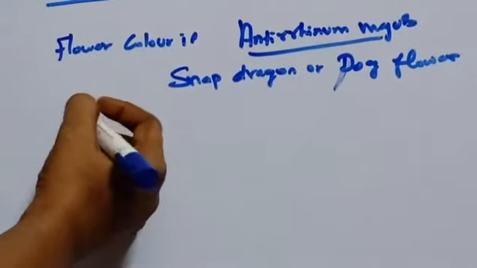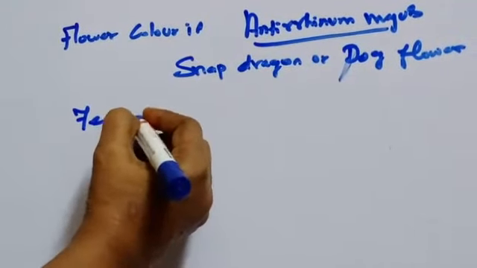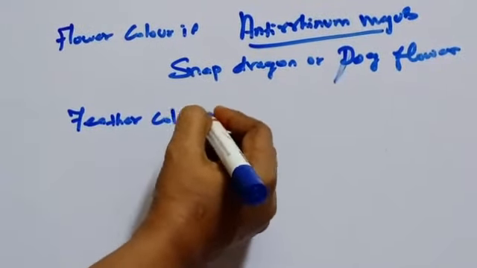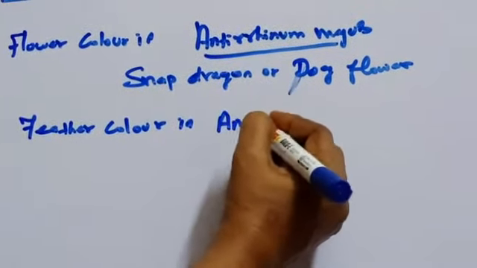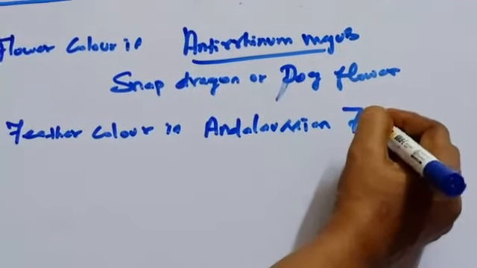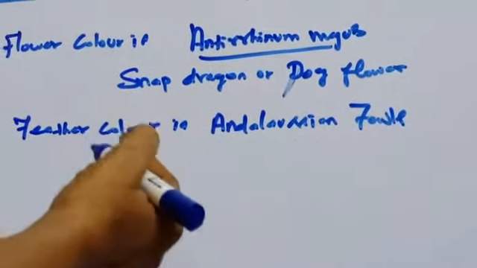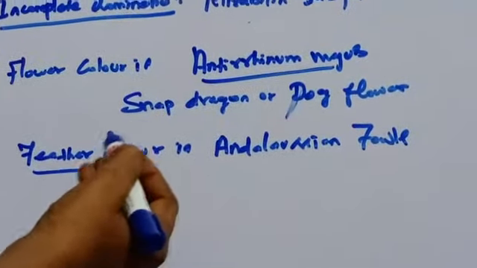Then another example is feather color in Andalusian fowls. Here, this incomplete dominance is especially for feather color.